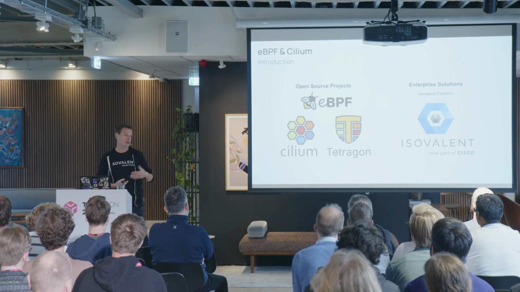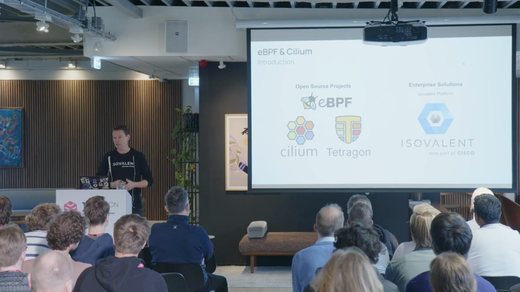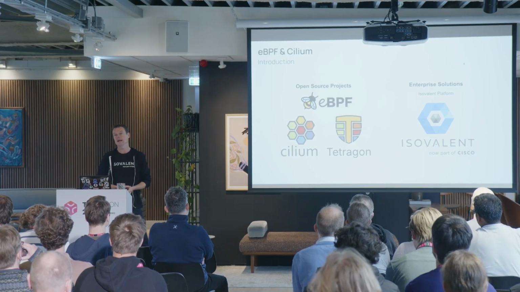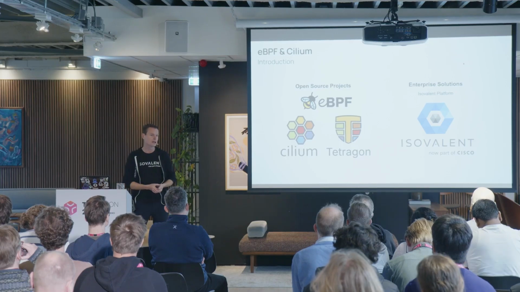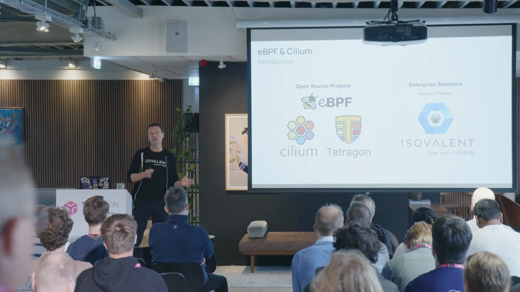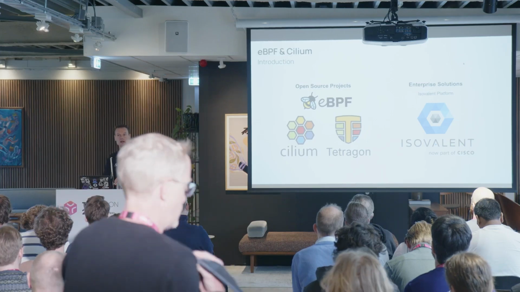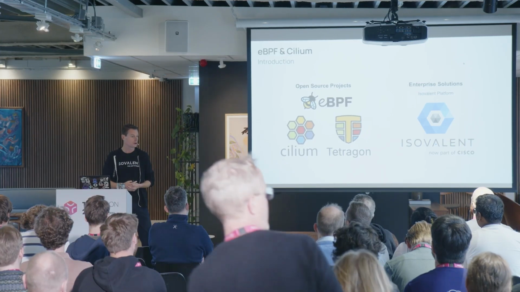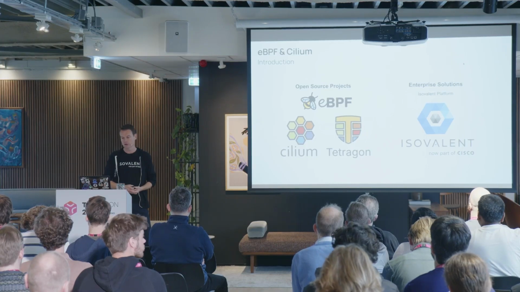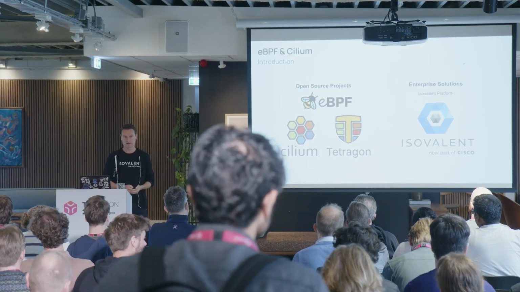We also take part in the eBPF Foundation. eBPF is the underlying technology we use for both Cilium and Tetragon, which is a sub-project of the Cilium open source project. I will not talk about Tetragon today. I have a colleague who will talk after lunch about runtime security. We will be focusing on the network security and the network connectivity part with Cilium.